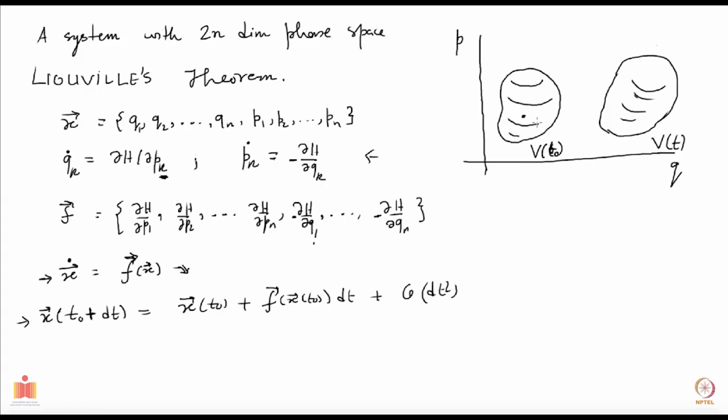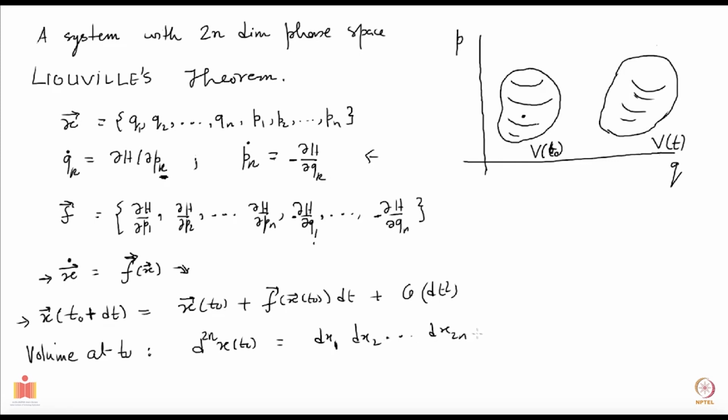So volume at t naught is d2n x at t naught, which is nothing but dx1, I'm dropping the t naught now, dx2, and so on up to dx2n, which is just dq1, dq2 up to dqn, and then dp1, dp2 up to dpn.